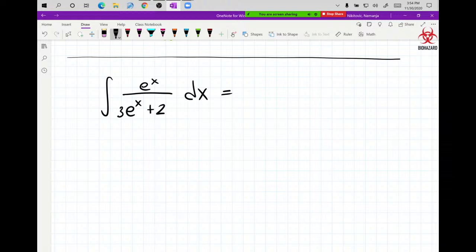Would anyone like to share u? If I had to take a guess, I would say u is e to the x. Unfortunately no. Well, then I'm wrong. Can it be a? And then I would have to do a w substitution in that case.